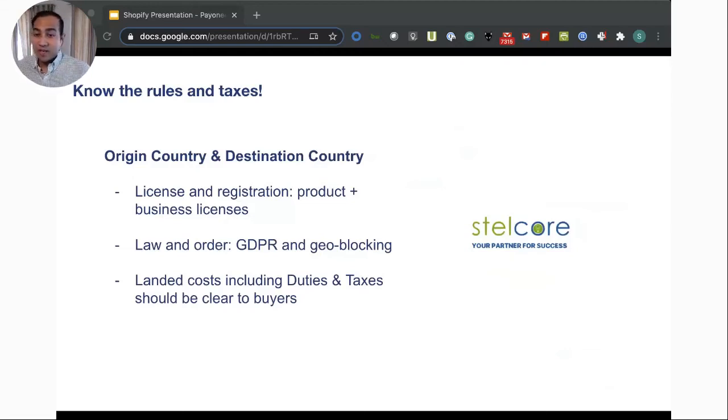Law and order is very important, especially in the digital world. For example, in the European Union, there is a law that's called GDPR, which is around data protection, and so you have to comply with the requirements where your customer data is protected.